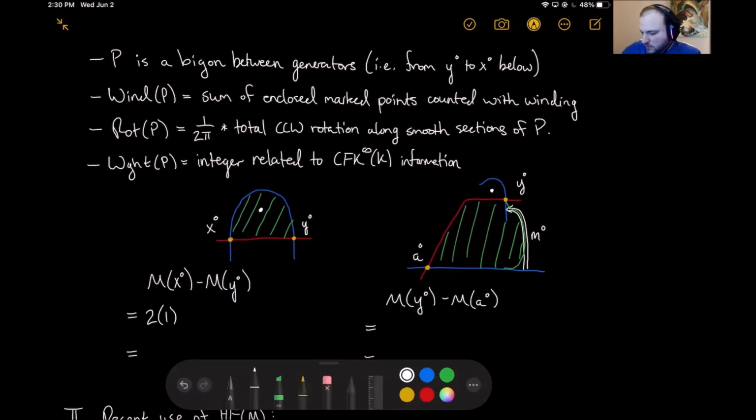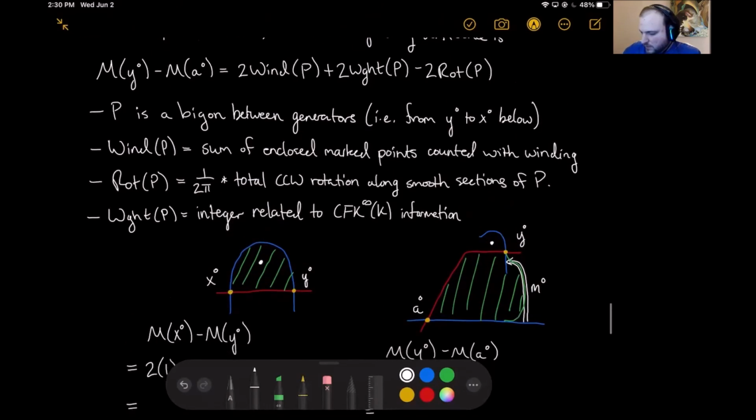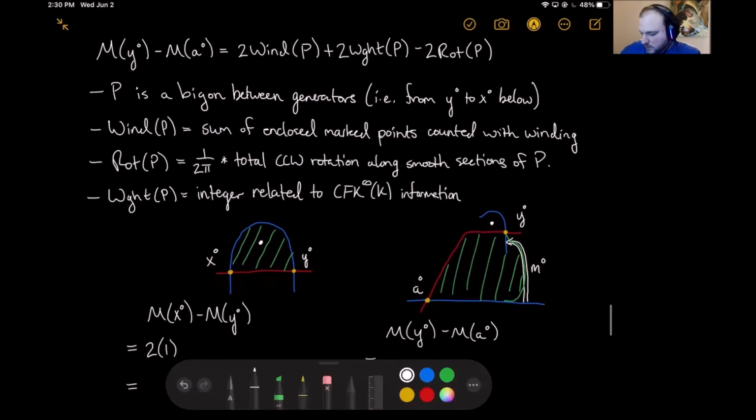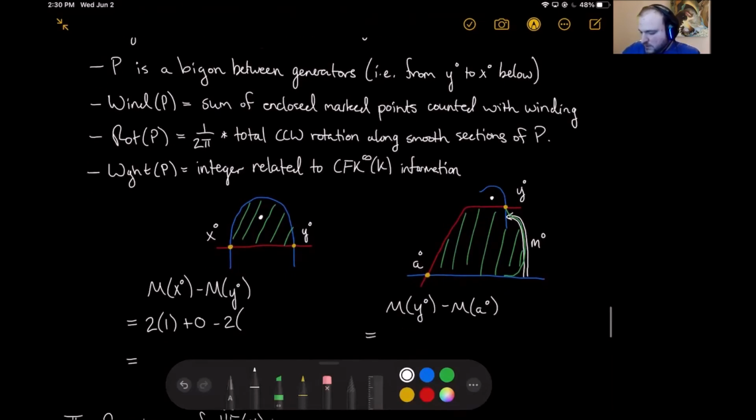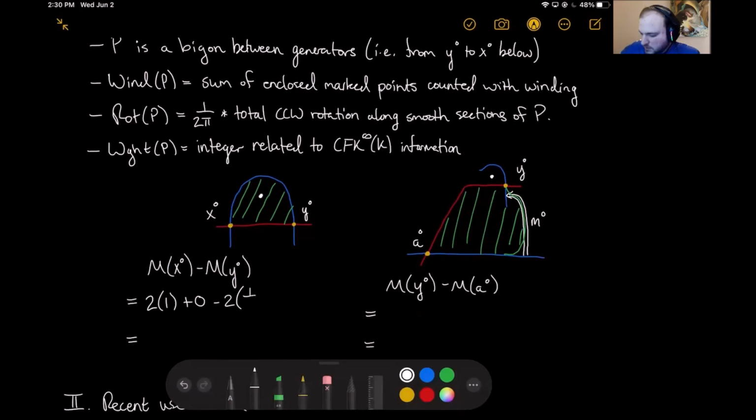There's no grading arrow to cover, so then plus 0, and then we're minus twice the counterclockwise rotation. Well, the counterclockwise rotation of the smooth sections is just pi. So we end up with 2 minus 1. And so the relative grading difference there is just 1.